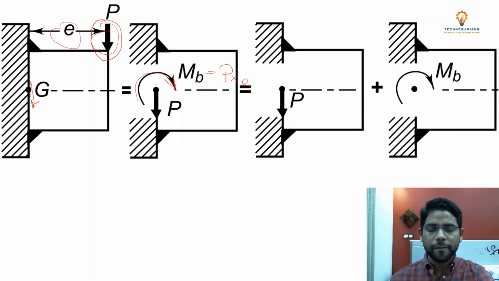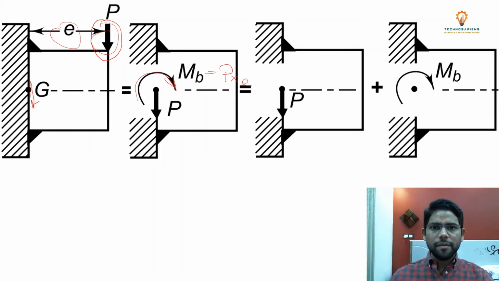The effects of the load acting at the center of gravity and the moment will be studied separately. Because of this load, there will be some primary shear stresses, and because of this bending moment there will be some bending stresses. In this case there will be bending stresses because the load which was actually acting on the structure is out of the plane of the welds.